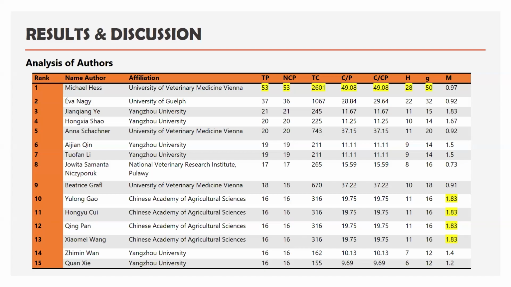Eva Nagy from the University of Guelph is next to Michael Hess with 37 publications, and a 1.83 M index. Some authors from Yangzhou University, Chinese Academy of Agricultural Sciences, show that they are emerging authors.